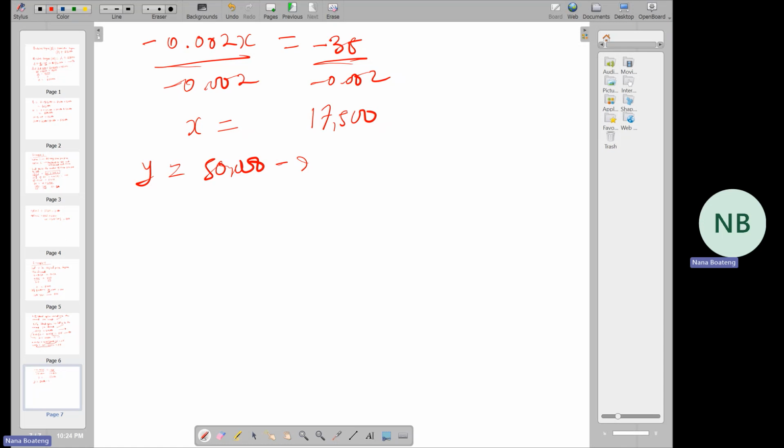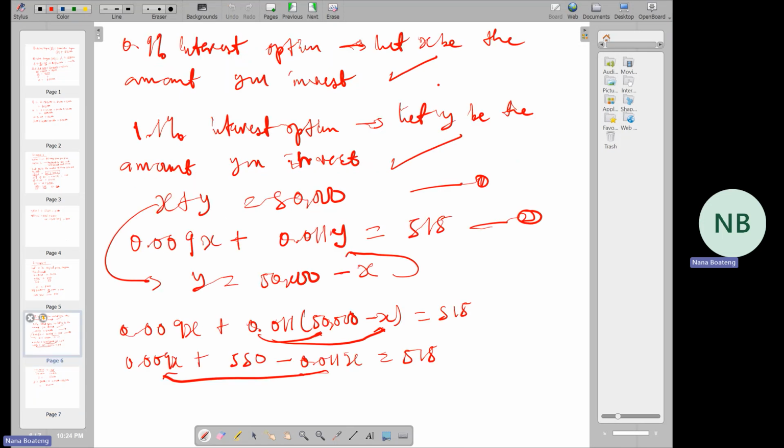So that is 50,000 minus 17,500, which gives us 32,500. So the amount you invested in the second option, which has an interest rate of 1.1%, is 32,500.